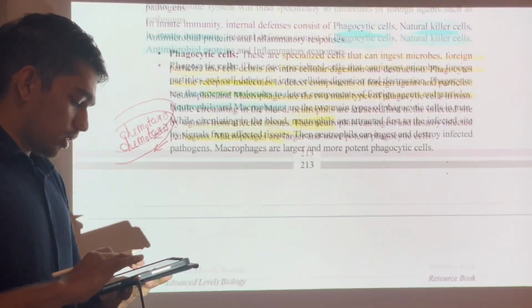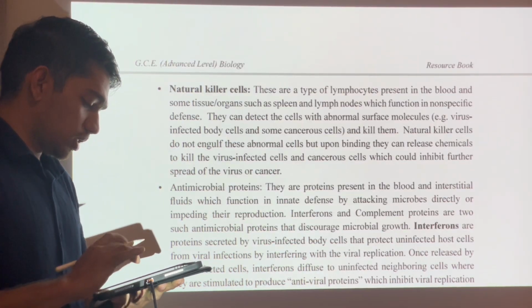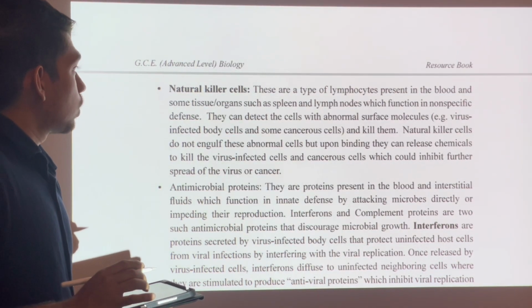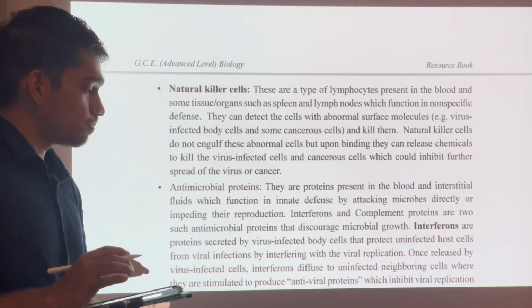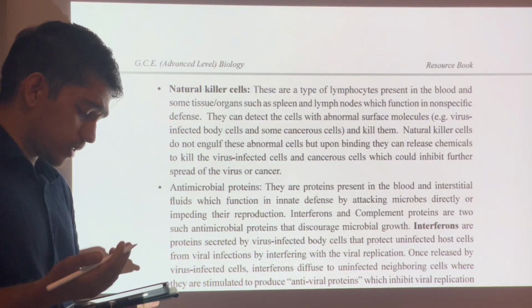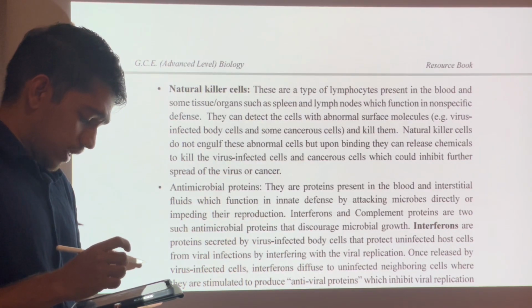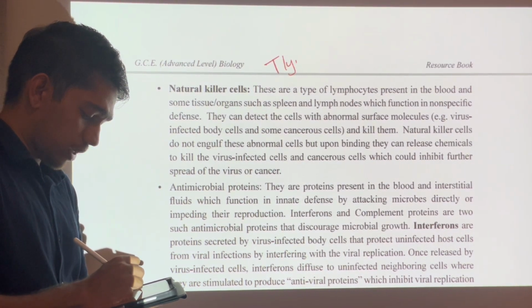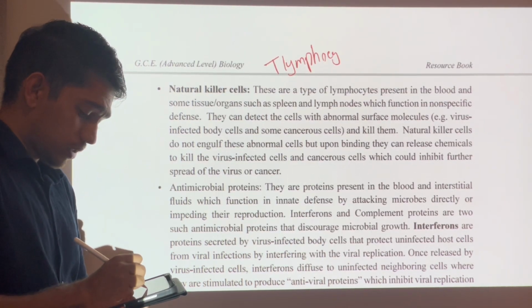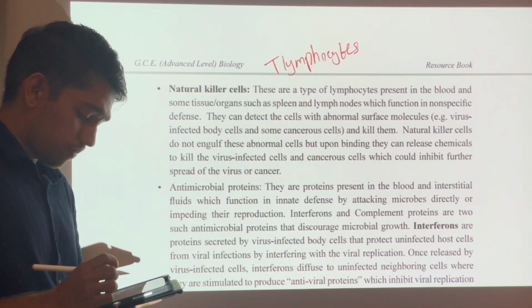Then we come to the other type of cell that we have in our internal defense. Those are natural killer cells. So as the name suggests, they are able to kill foreign cells and pathogenic cells, right? So they are actually a type of T lymphocyte. We'll come to these lymphocytes when you are doing specific immunity, right?